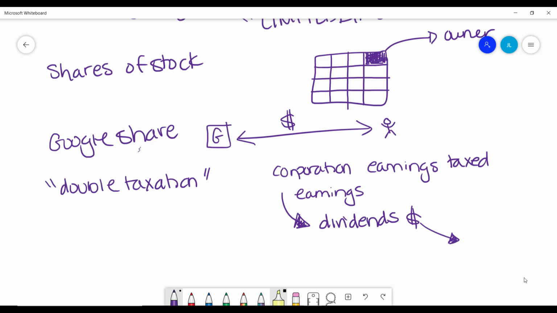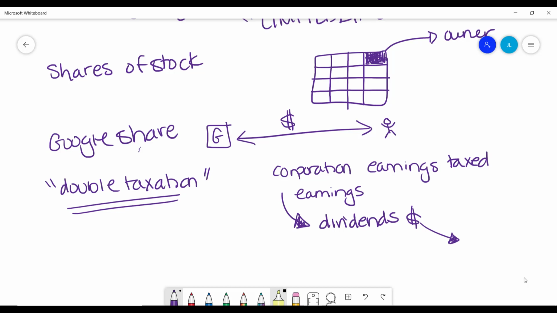Those dividends, those earnings, are taxed as well. So not only are the corporation's earnings taxed at one point, but when those earnings are distributed to owners, those dividends are taxed as well. That's where the term double taxation comes from. Some people might say that's one downside of the corporate form of business.